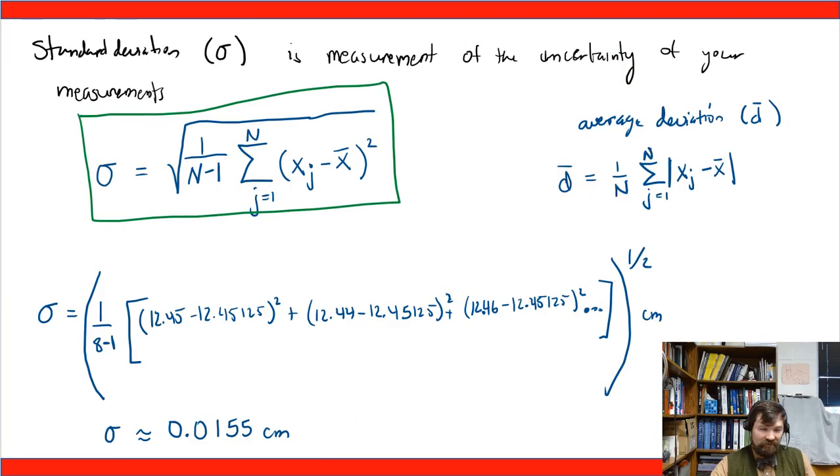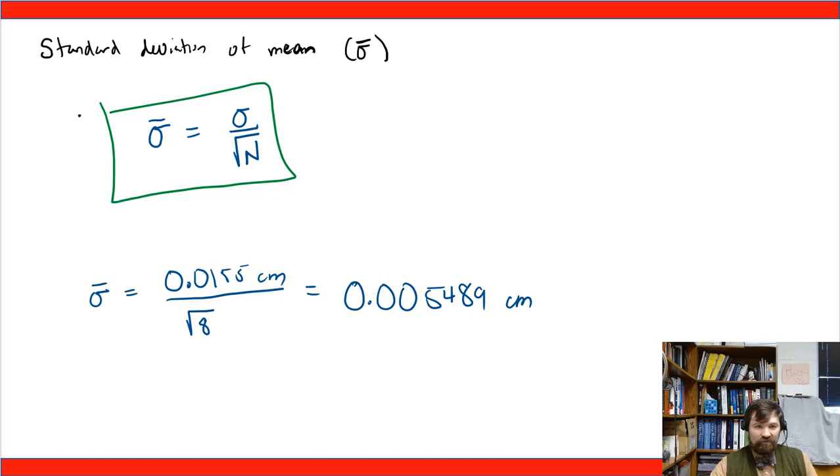basically these results. For what it's worth, at the end you might state that the result of your measurement is, and then we usually just use our mean plus or minus our standard deviation of the mean.